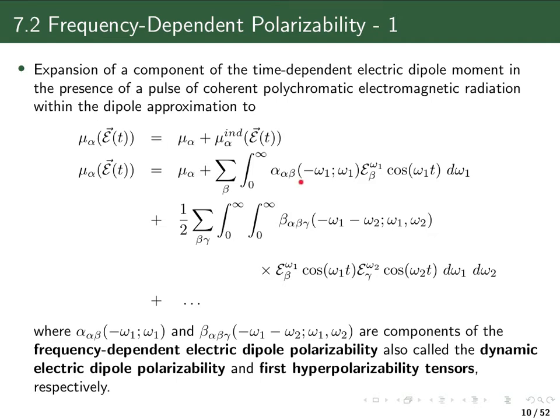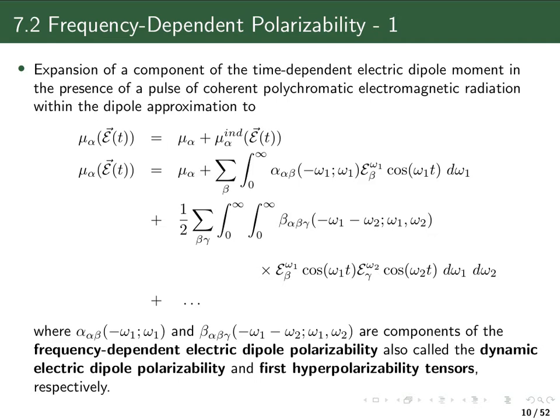We use this notation for indicating these frequencies, where the frequencies behind the semicolon are the frequencies of the fields which are applied, and the frequency in front of the semicolon is the frequency with which the induced dipole moment is going to oscillate. So that's a linear term. We also had quadratic terms and cubic terms before.